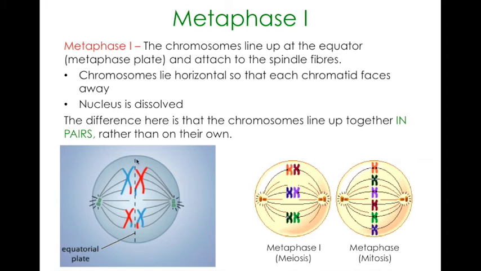So this half of the cell will have 23 whole chromosomes, and this one here will also have 23 whole chromosomes, or 23 pairs, right? And so each one has basically become a diploid cell on its own.